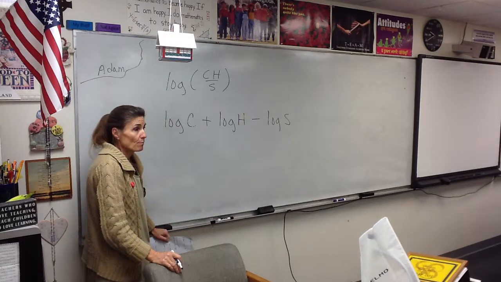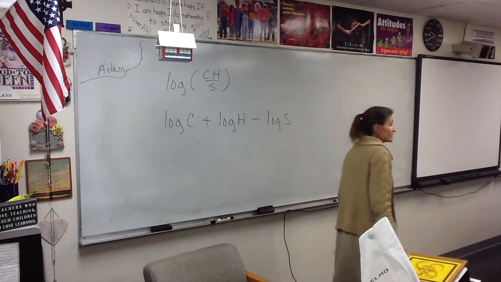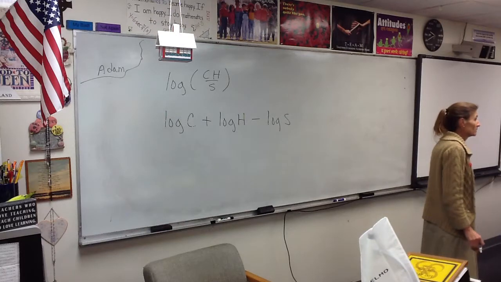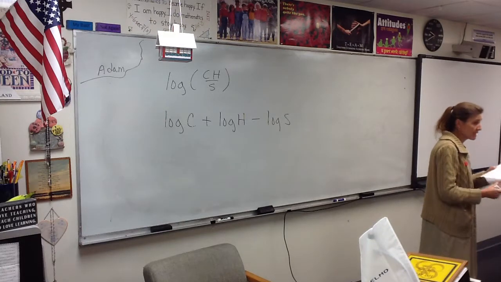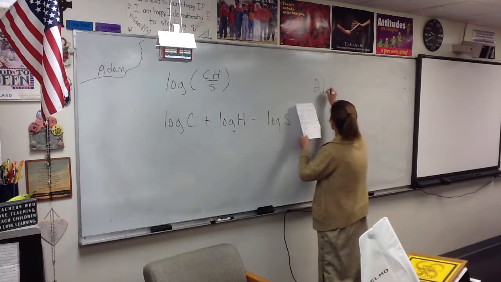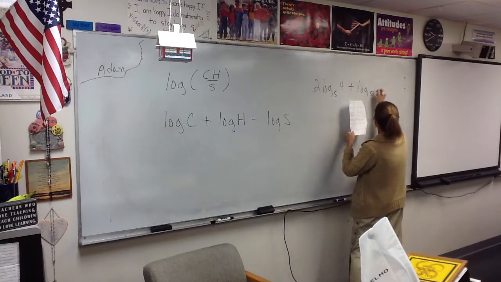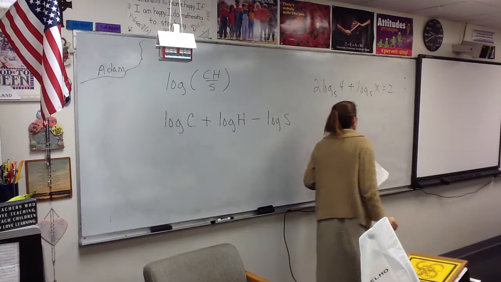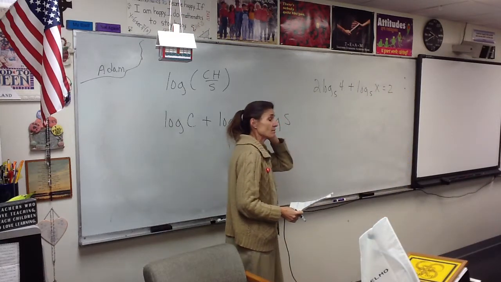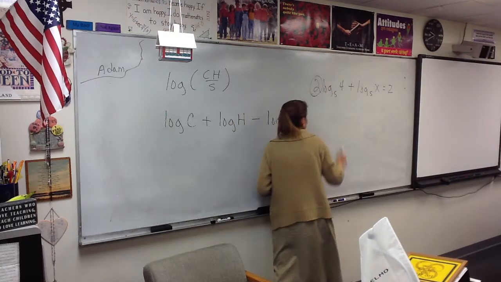Okay? All right. Anybody else have a question about the quiz problem? Anybody else? Katie? 12. Now, the first thing that we have to take care of is this guy.